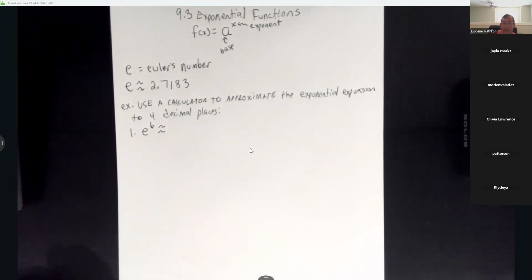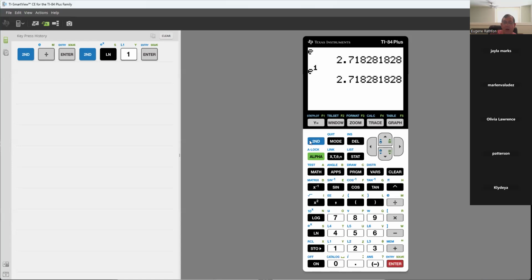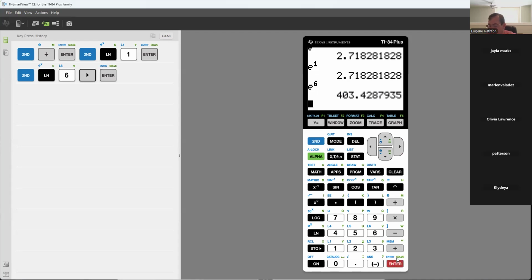And it was e to the 6. So when I got exponents, I always use the second LN to bring up that e. And then I'll put in my 6 for my exponent. And y'all hit enter. So we got 403.428.